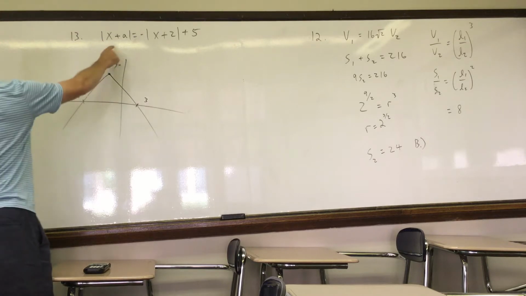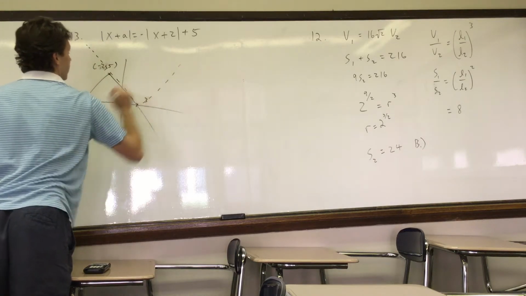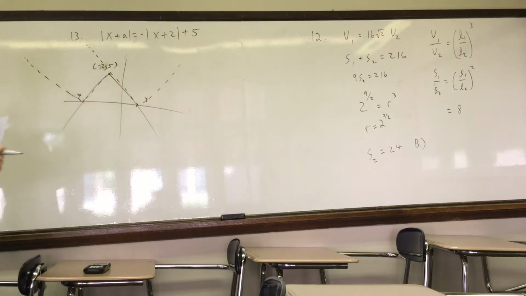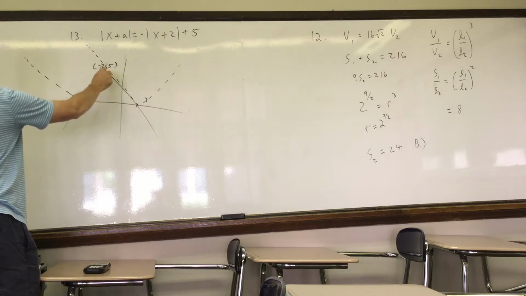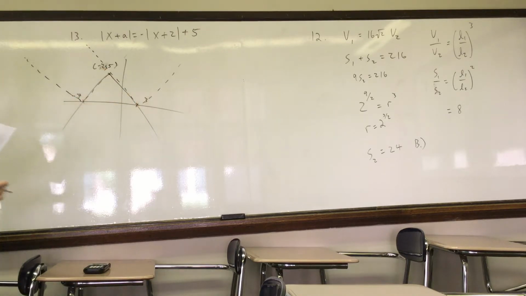If it's either this one or that one, we're going to have, oh, hold on a second. If it's either one of these two, we'll have infinitely many solutions, either the range from -7 to -2, or the range from -2 to 3.